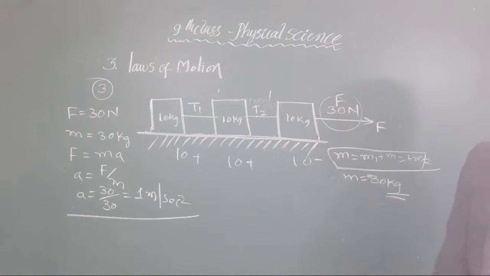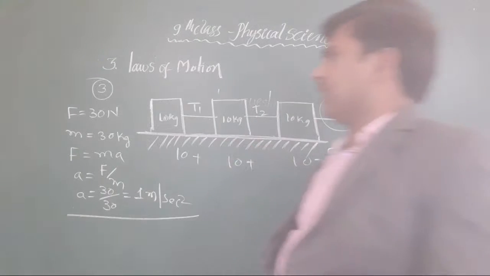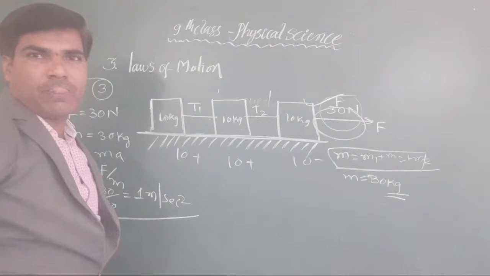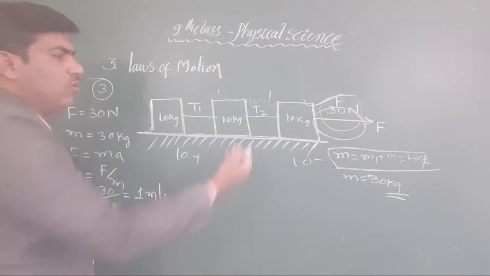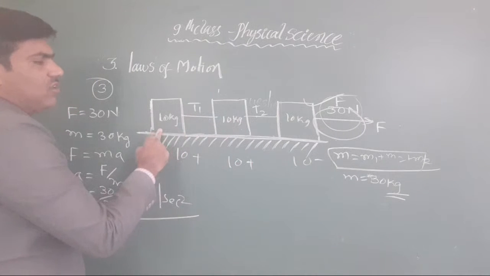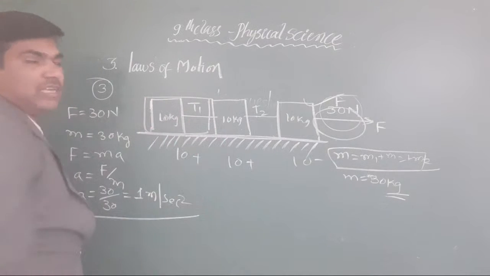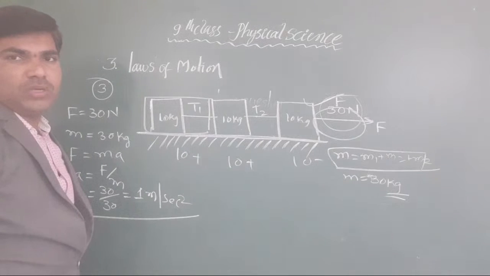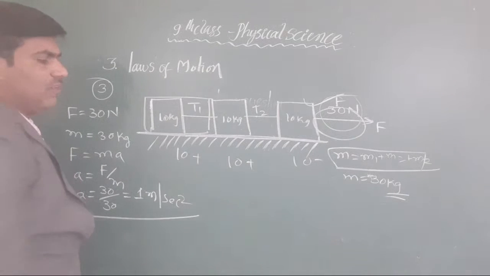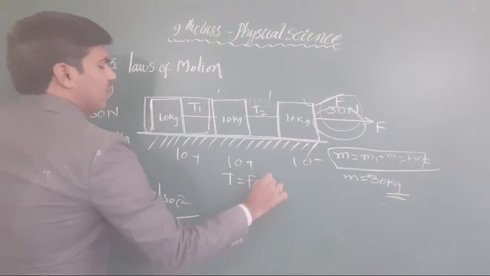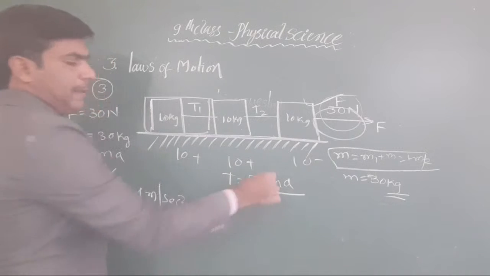Then come to the tensions. Here we know the tension on this last one. But we don't know the individual tensions here. When you take only the first one up to here, T1, we take only up to here. Now the tension is also written in terms of force, that's why it is taken as MA.